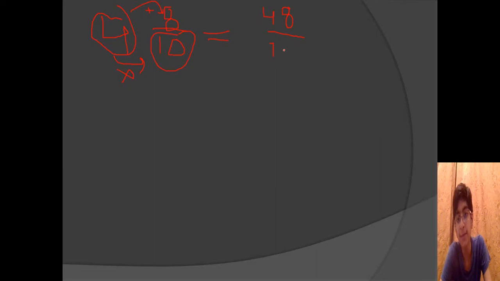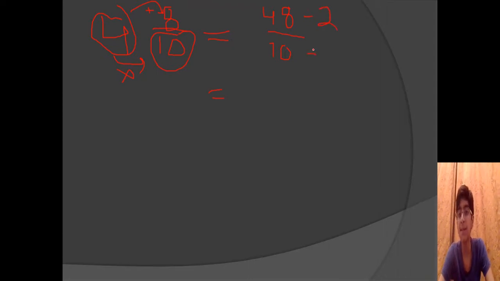So 48 over 10. Now we have to simplify it. 48 over 10 is quite easy, because you have learned odd and even numbers, and you might have learned that even numbers can always be divided by 2. So the first number we can think of is 2.